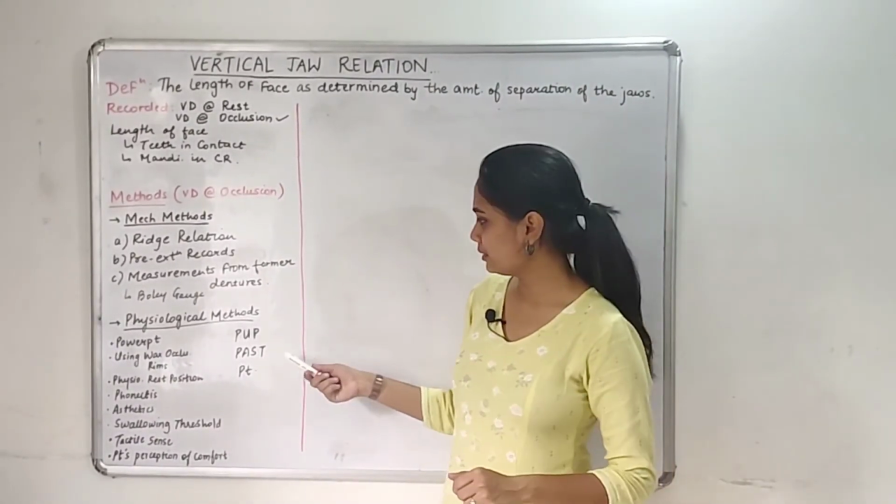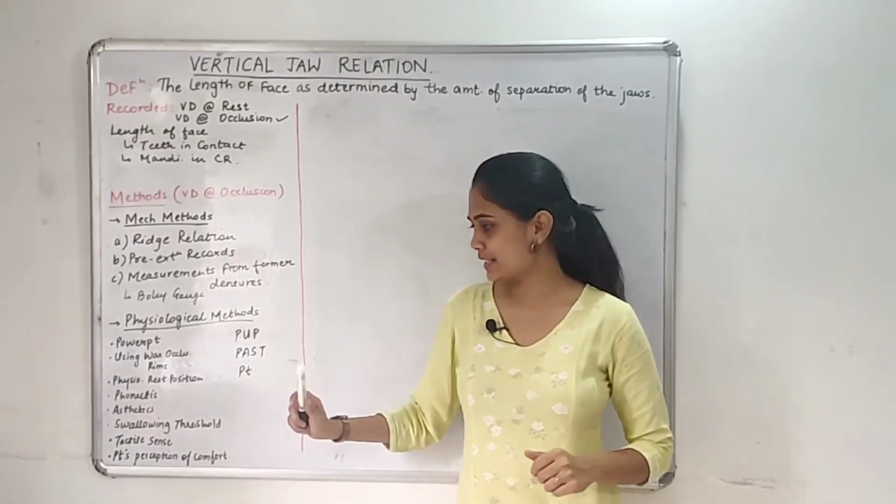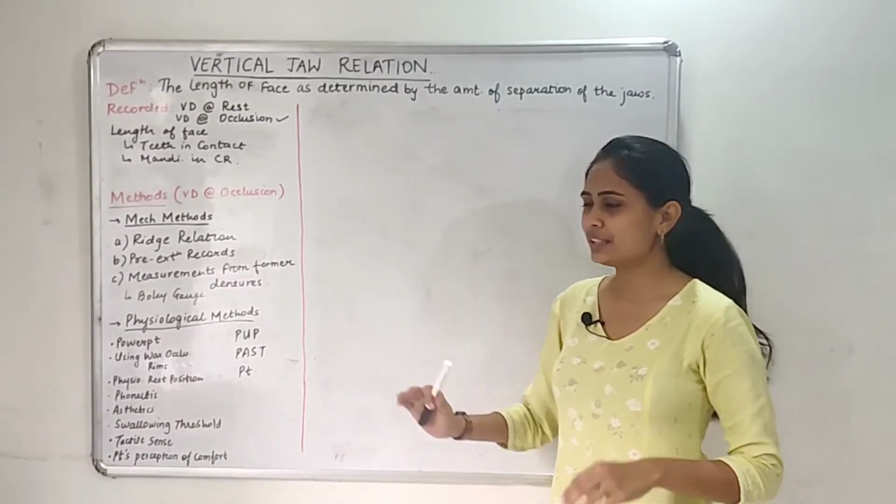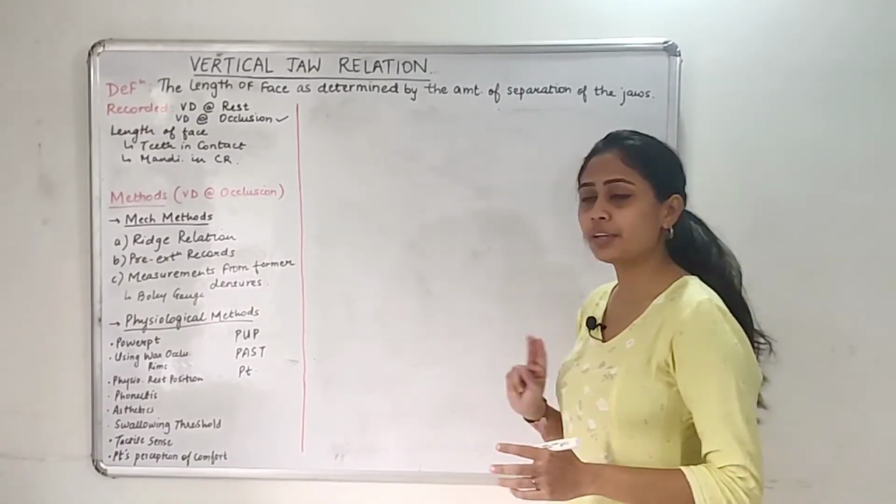So now we will talk about the next part, that is phonetics, aesthetics, swelling threshold, tactile sense and patient's perception of comfort. These are just small topics, but they have greater importance.